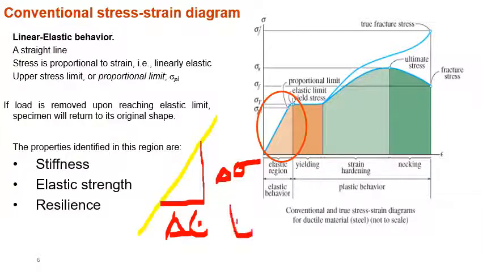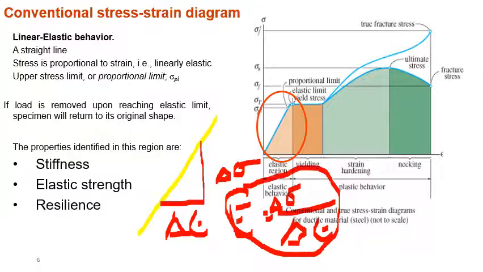So if I take E is equal to del sigma divided by del epsilon naught, whatever the measurement of this E, that is Young's modulus or slope of this curve, is nothing but stiffness. As the slope increases, the stiffness of a material increases.